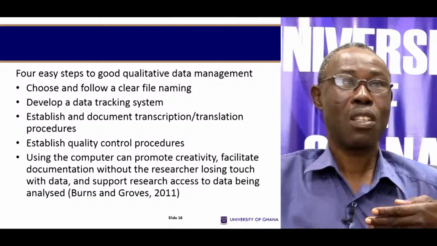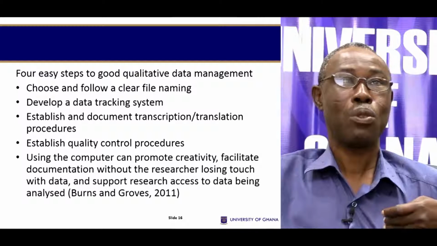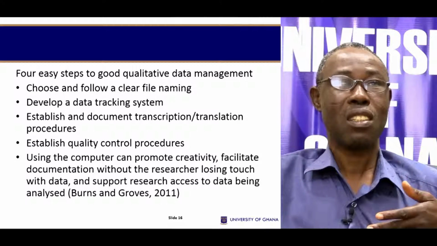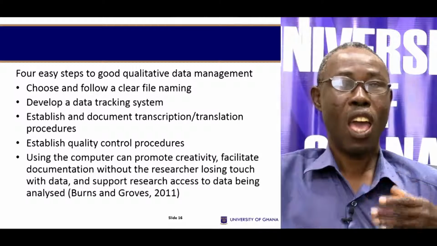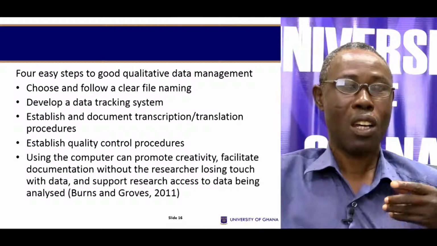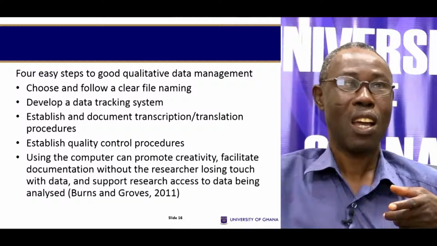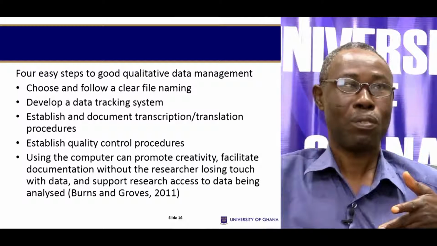For qualitative data, we have 4 easy steps through which we can manage the data. The first is that you have to choose and follow a clear file naming. It means every person that you are going to analyze his or her data, you must give the person a pseudonym.